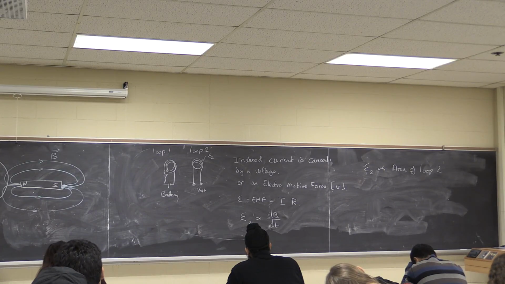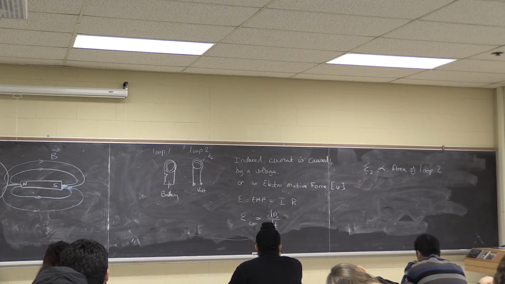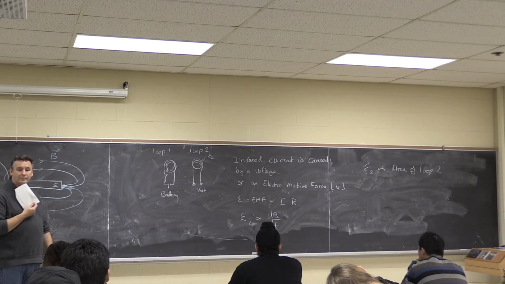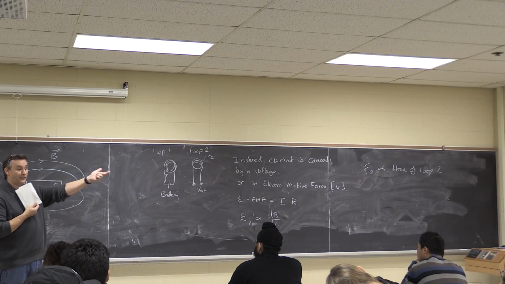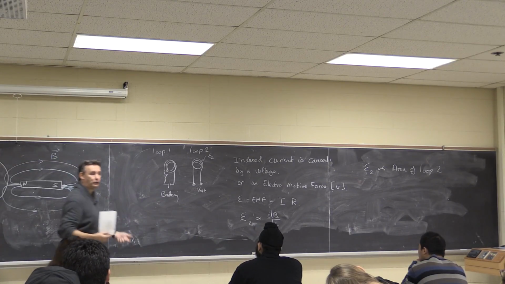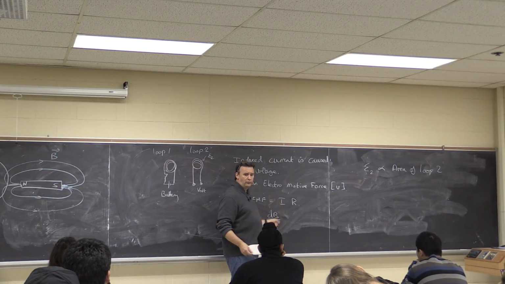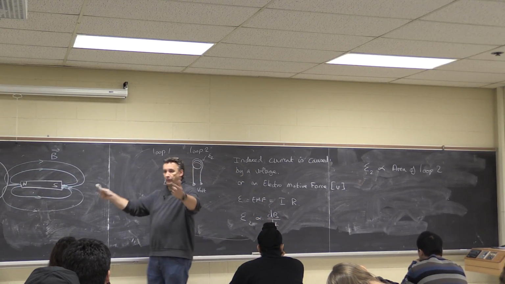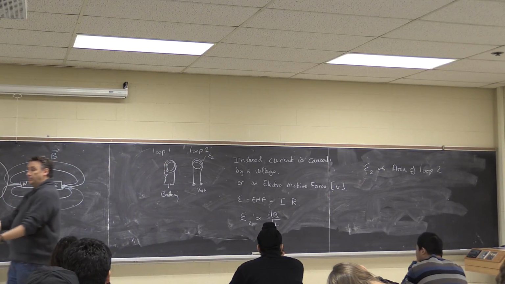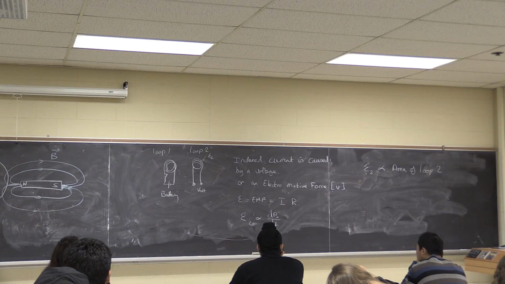So what does this look like? Concept we've talked about in terms of electric field. Somebody over here said it. Flux. It's the flow of the field lines through a certain area. So this is telling me the answer is really dependent on flux, the flow of the magnetic field defined by a certain area or a certain region in space.